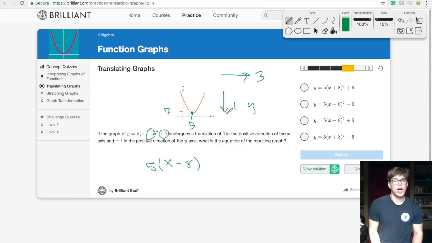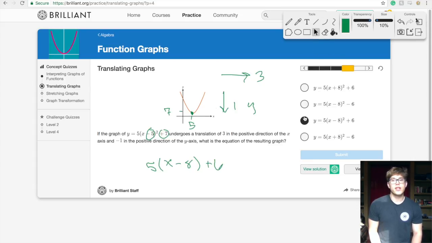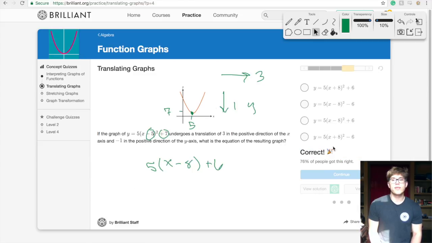And then if we're going down 1 unit, it's going to change from a 7 to a 6. So 5 times x minus 8 squared plus 6, this is C. Let me double check. Yes, minus 8 plus 6, yes.